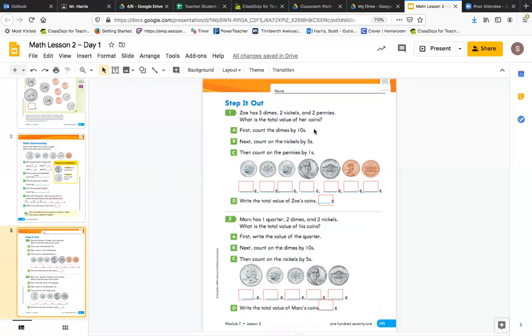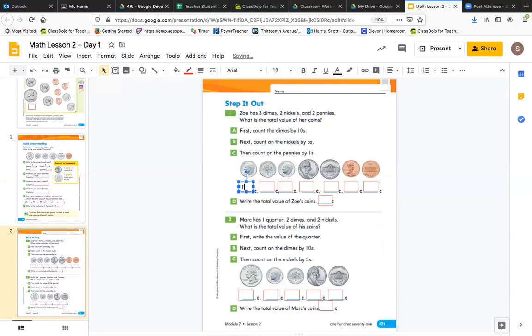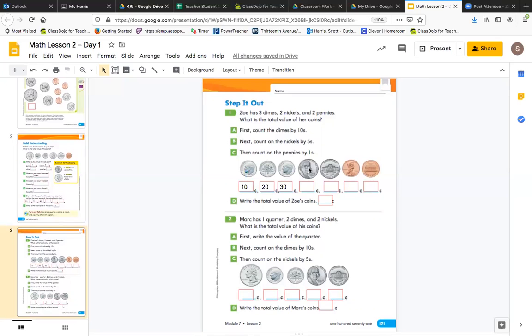First, count the dimes by 10. So we're going to do the same thing we just did on the previous page. This first dime is worth 10. This next dime is worth 10. So 10 and 10, 2 tens. I'm counting by tens now. 10, 20. 30. But now we're going to nickels. 30 plus 5.